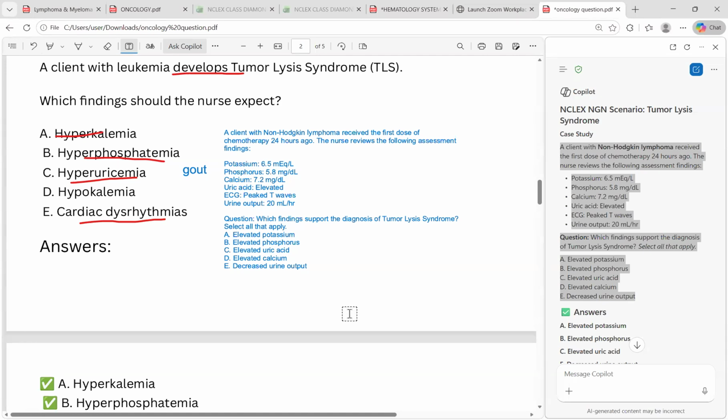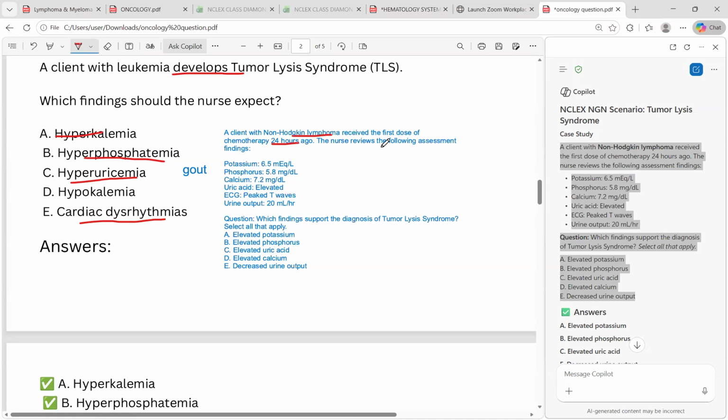A client with non-Hodgkin lymphoma received the first dose of chemotherapy 24 hours ago. The nurse reviewed the following assessment findings. Potassium is high. Phosphate is 5.8. Calcium is 7.2. Uric acid elevated.